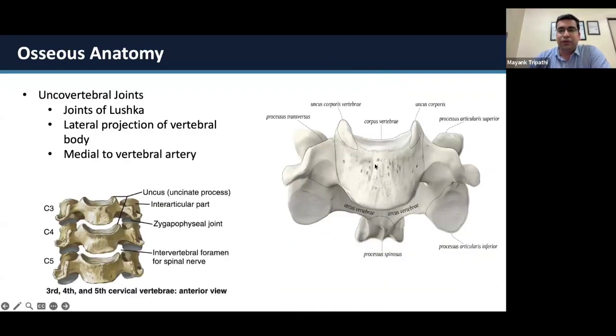The most peculiar thing of the subaxial spine is the presence of the uncinate processes, which is nothing but the lateral projection of the vertebral body, which form the uncovertebral joints, also known as the joints of Luschka. These uncovertebral joints are responsible for providing extra stability in the subaxial spine.